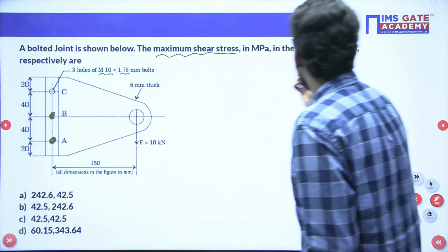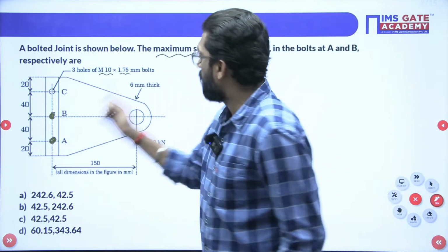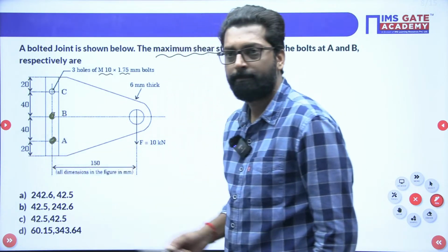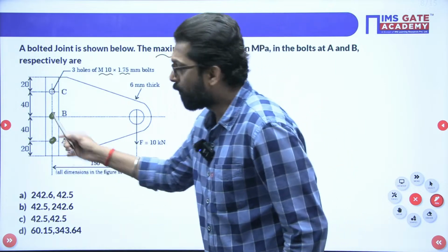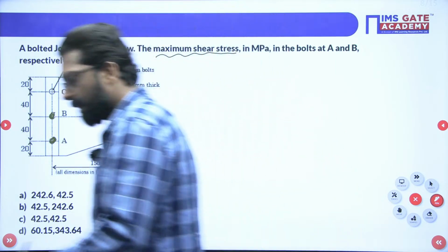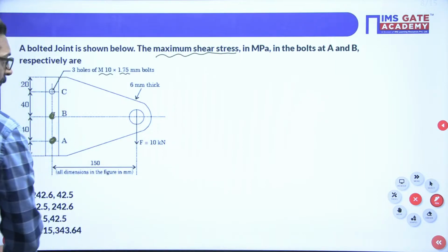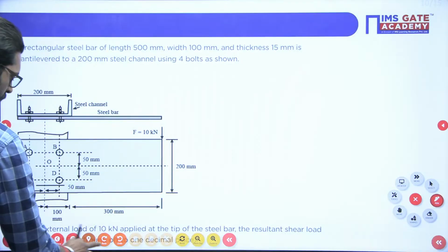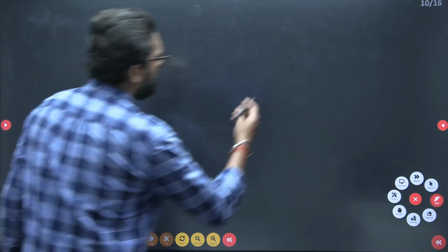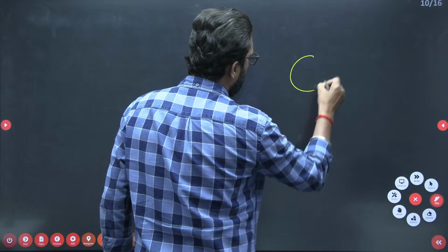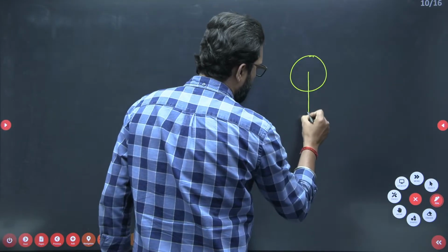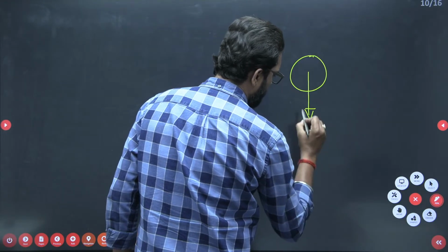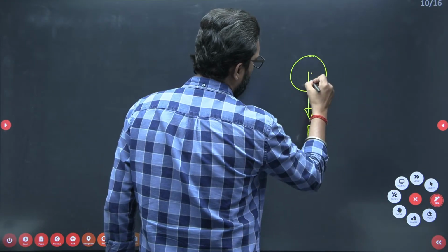Now we have to check bolt A. Why? Because on bolt A there is a direct shear, and also a secondary shear. So we have to calculate the resultant. What is the resultant? See my dear, this is your A bolt.